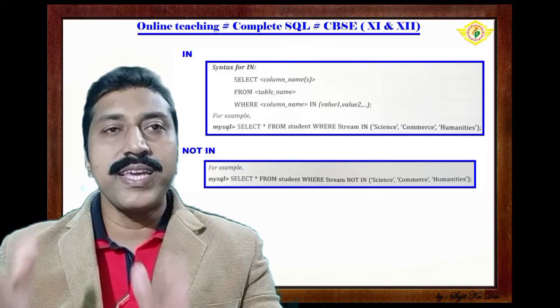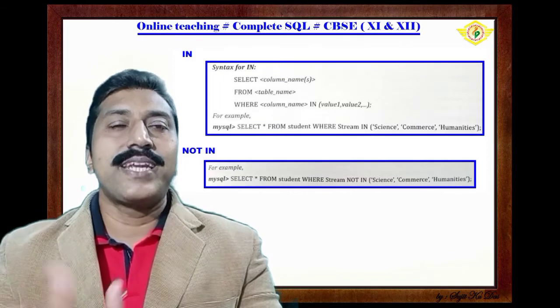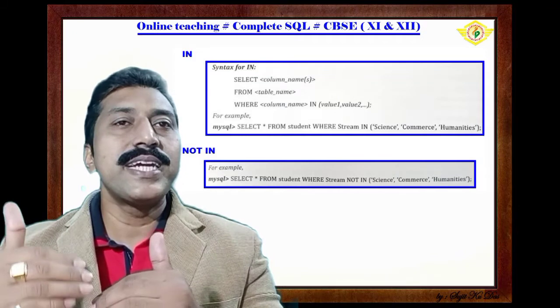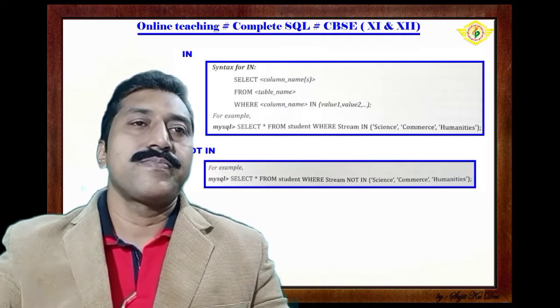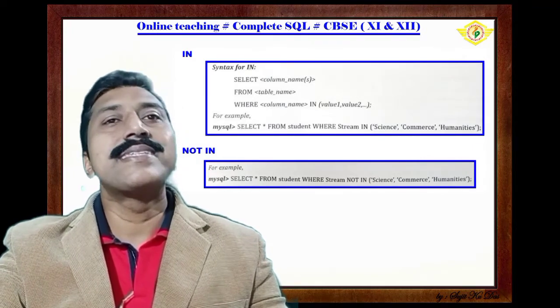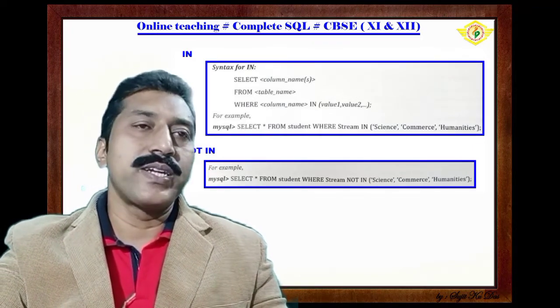It means these three categories are there, so whatever you enter should be under these three. That means it displays records whose stream is either science, commerce or humanities.